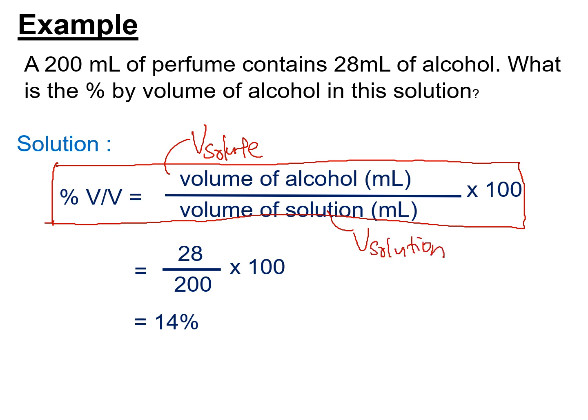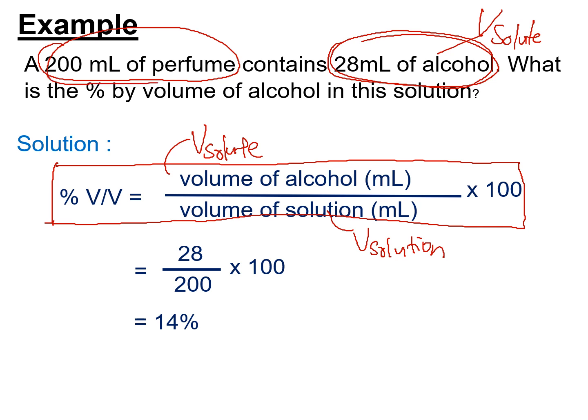So, in perfume ni punya case, sebab dia larutkan alkohol kat sini, makanya alkohol ni adalah solute. Makanya, the volume of solute is 28 ml. And this perfume pula adalah solution. Okay, sebab after dah larutkan alkohol, dia jadi perfume.